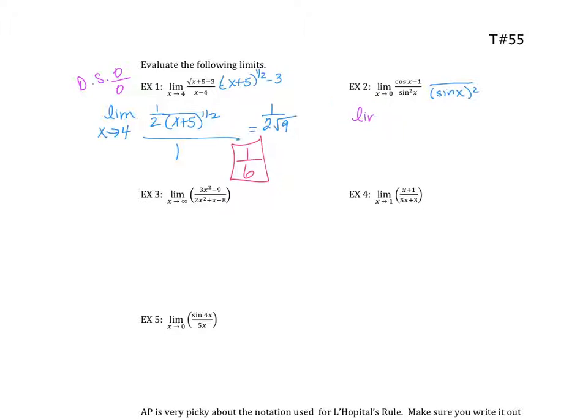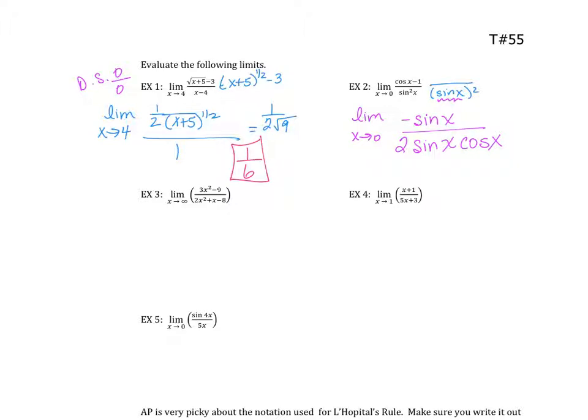I have the limit as x goes to 0. The derivative of cosine is negative sine. The derivative of 1 is, of course, 0. The denominator, power to the front, decrease the power by 1, multiply by the inner derivative, and I would get that.